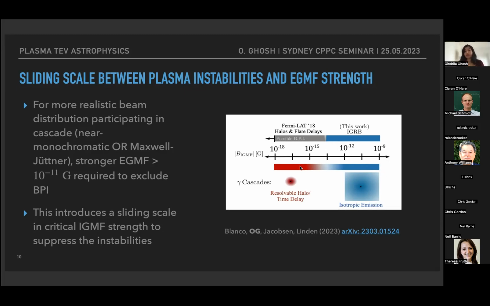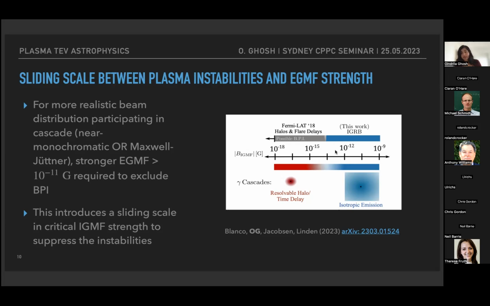Now, if we move to a weaker intergalactic magnetic field, then we start seeing that if you don't consider a two-dimensional Gaussian beam, as an example, but rather more realistic beam conditions such as Maxwellian, or a more idealistic case, which is a monochromatic beam, meaning all electrons and positrons, the fresh pairs that are generated, are at exactly the same energy at injection, then it seems that a much stronger intergalactic magnetic field could be required in order to win over the instabilities.